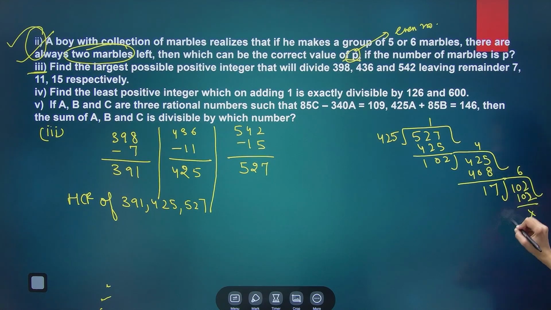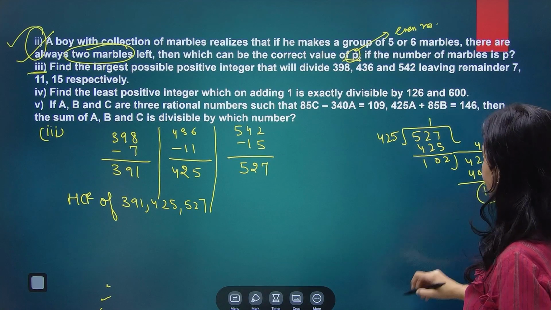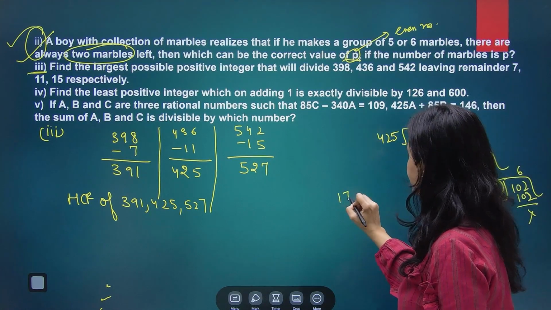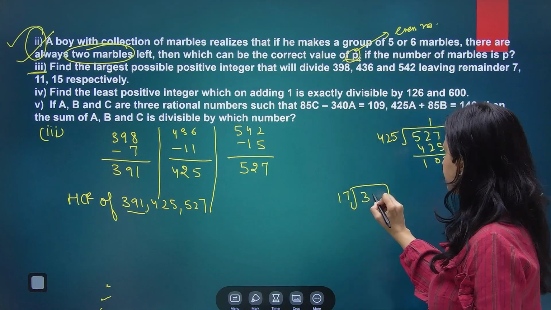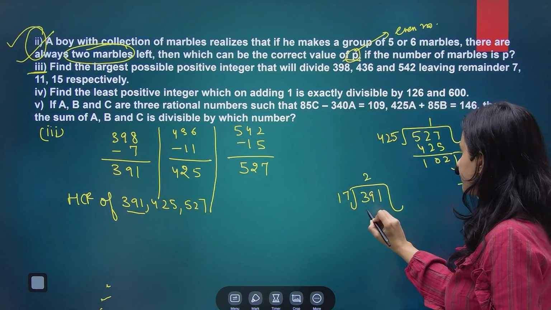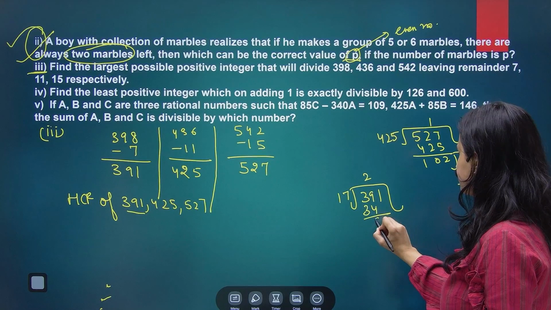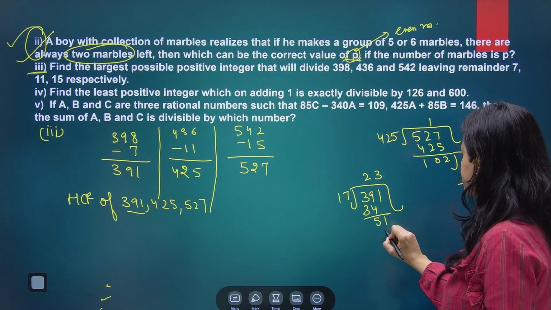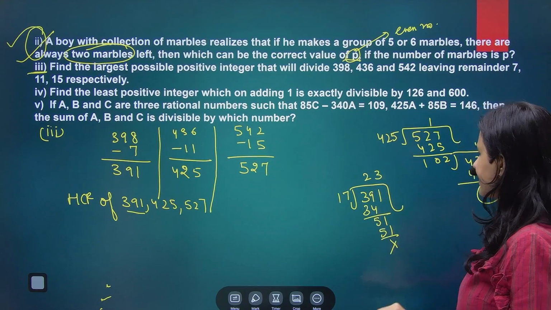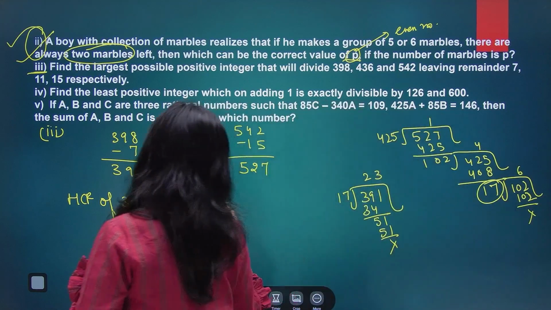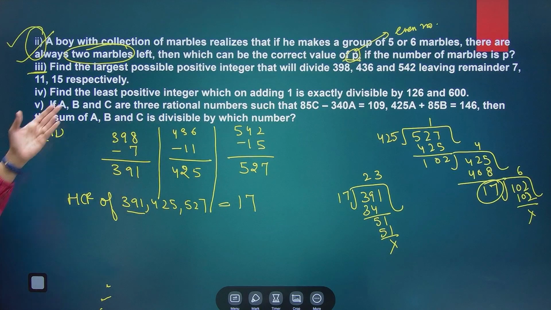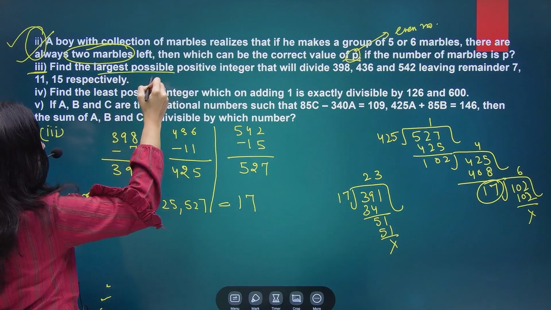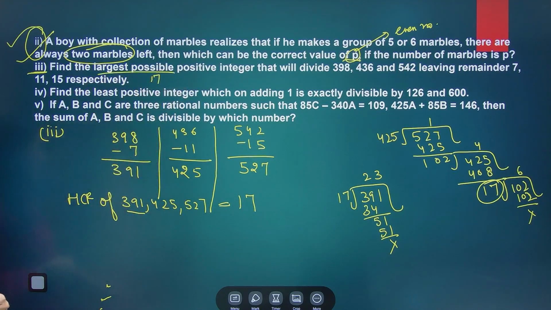Now let me find the HCF of 17 and the left out number, that is 391. Clearly the HCF of the three numbers is 17. So 17 is the largest possible positive integer, which divides them and leaves the respective remainders.